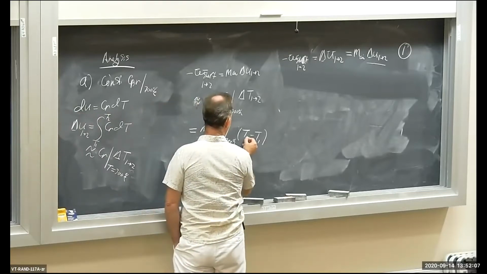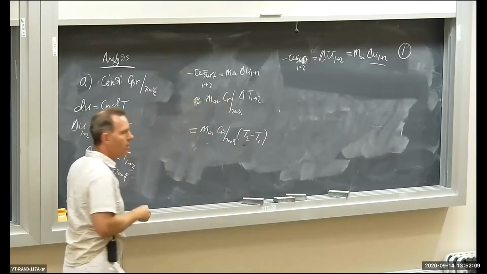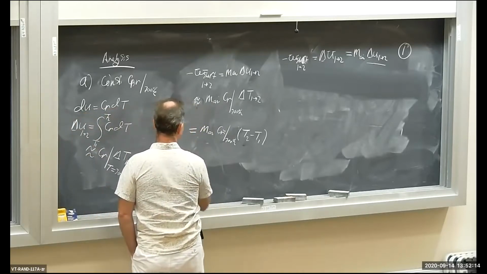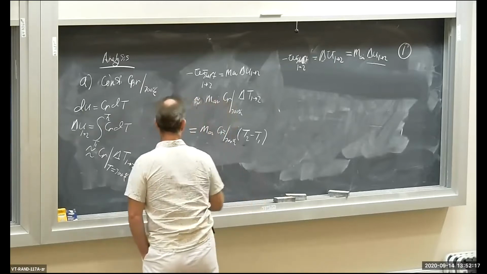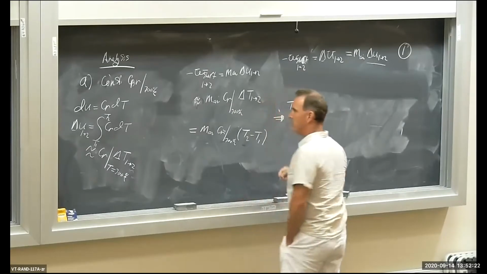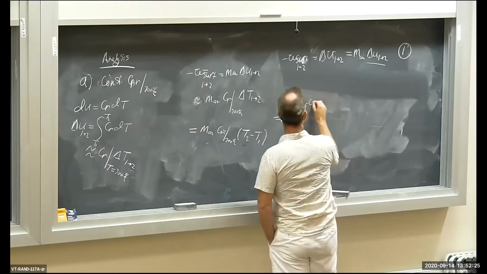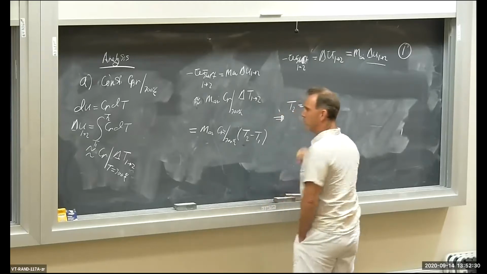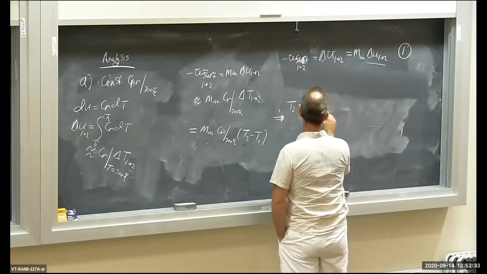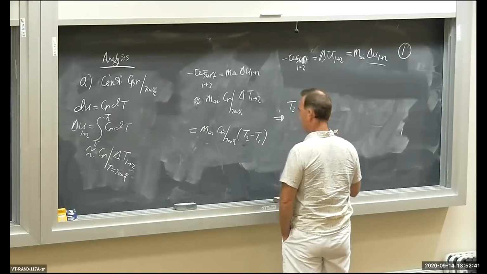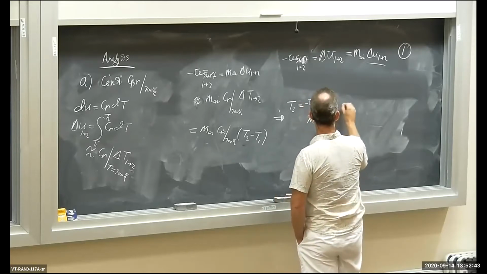Okay, I'm going to solve this equation for T2. So this implies T2 is equal to minus W shaft 1 to 2 divided by m Cv evaluated at 300 degrees Kelvin, plus T1.